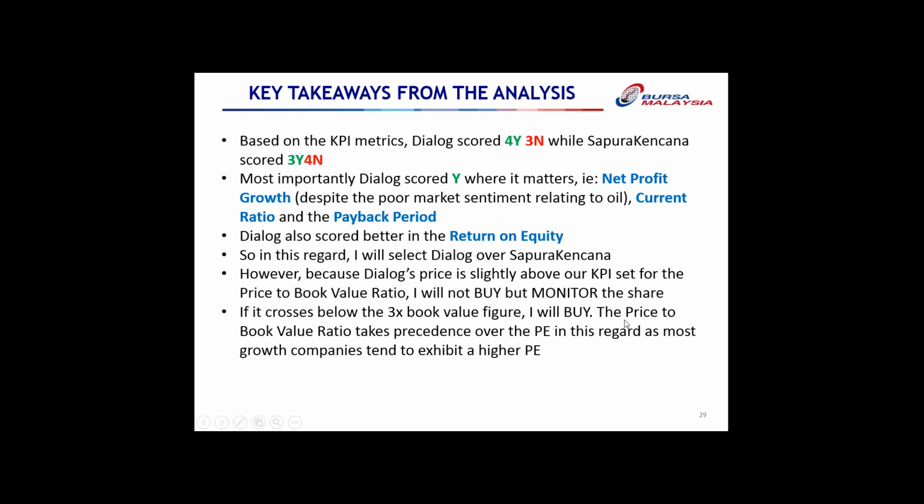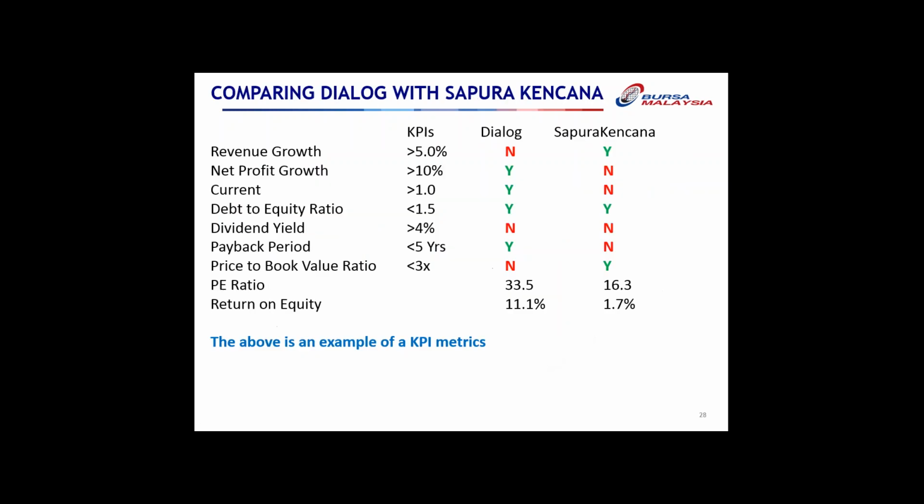Okay, so in this case, the price to book value ratio takes precedence over the PE in this regard. Because most growth companies, if the share price falls below 3 times book value, most likely the PE would not be 33.5.